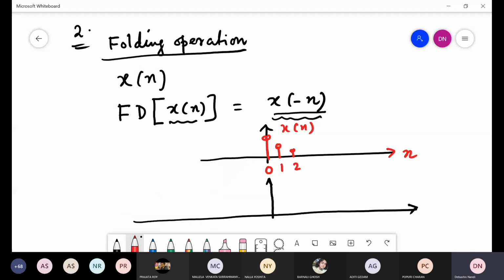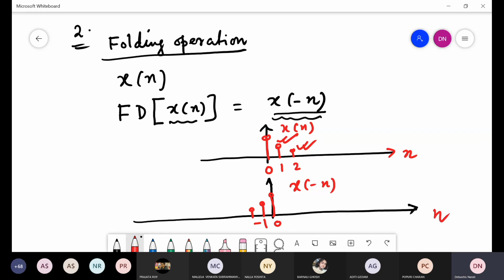Here at n is equal to 0, the same value will be there. But this particular sample value will appear here at minus 1. And this second sample x2 will appear here.